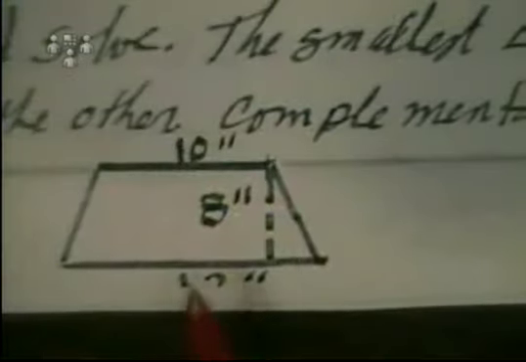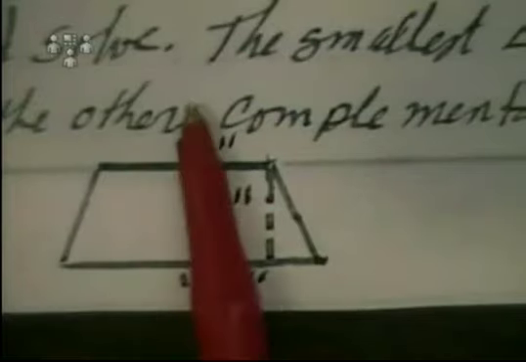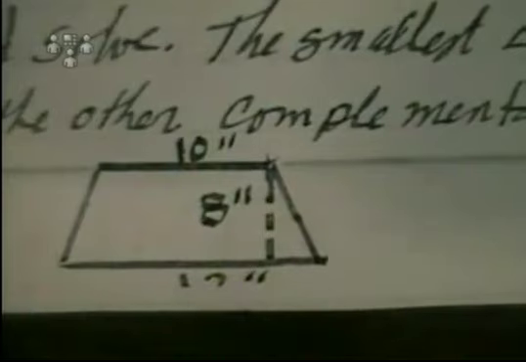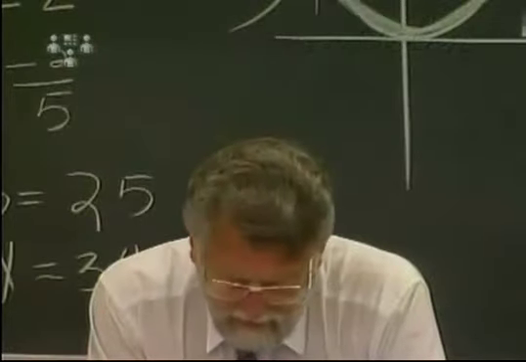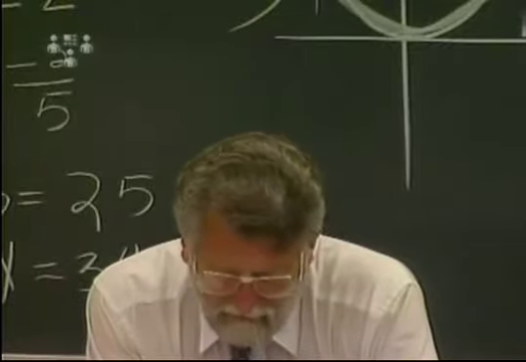Back to the diagram. Okay, so the 12 is down here, and there's a formula for the area of a trapezoid, which is, okay, you're going to add the 2 bases, divide by 2, and multiply by the height. But notice, in 19, there's another translation. Okay? You have to translate to an equation and solve. And this has the smaller angle of a right triangle is 1/2 the measure of the other complementary angle.